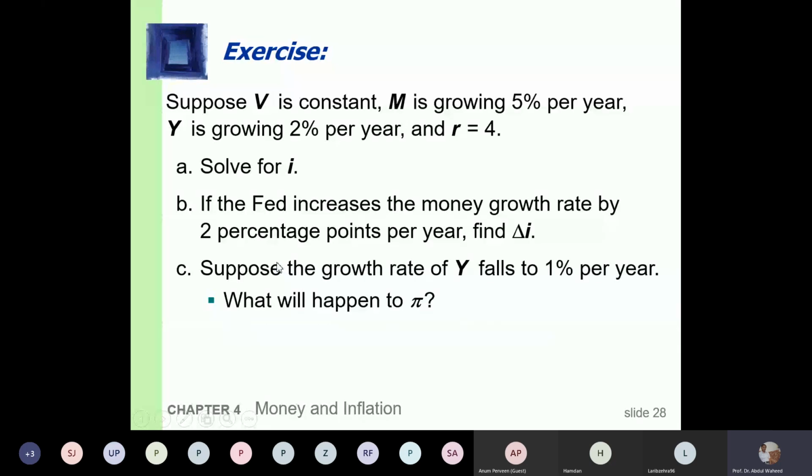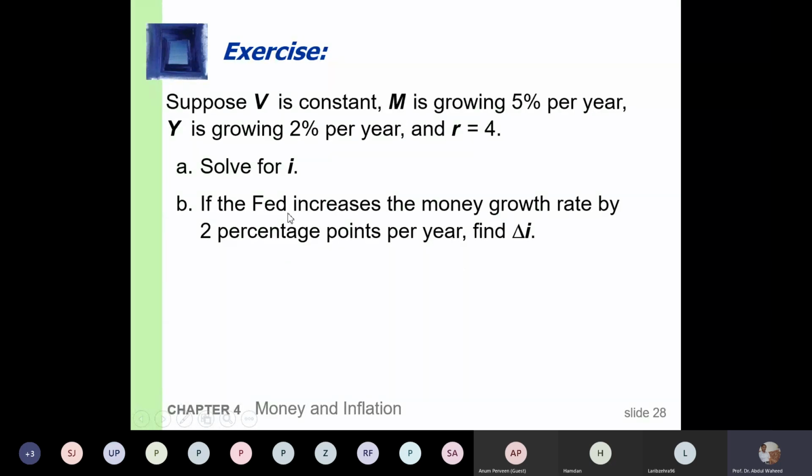Now the second question is, if the central bank, if the Fed increases the money growth rate by 2 percentage points per year, then what would be the change in the nominal interest rate? Yes, what would be your answer?